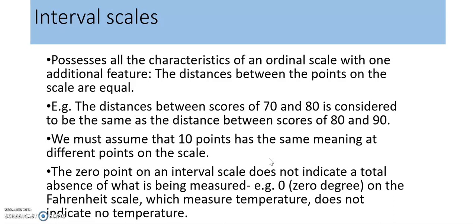For example, the distance between scores of 70 and 80 is considered to be the same as the distance between scores 80 and 90. So you assume that the amount of difference for 70 and 80 is equal to 80 and 90, which is 10. So 10 points here describe the same meaning.